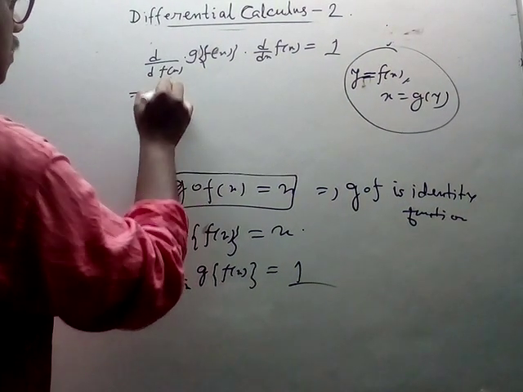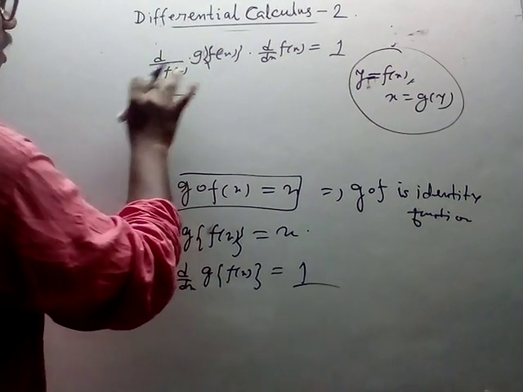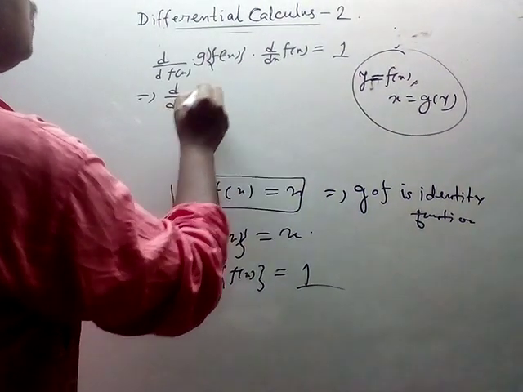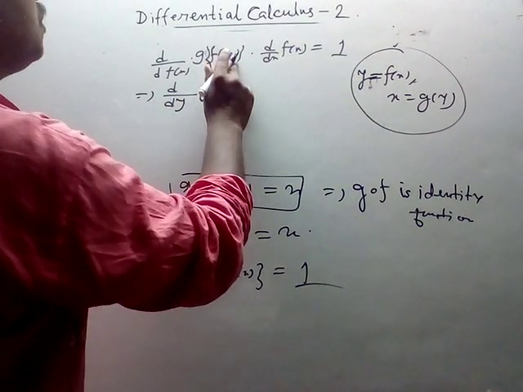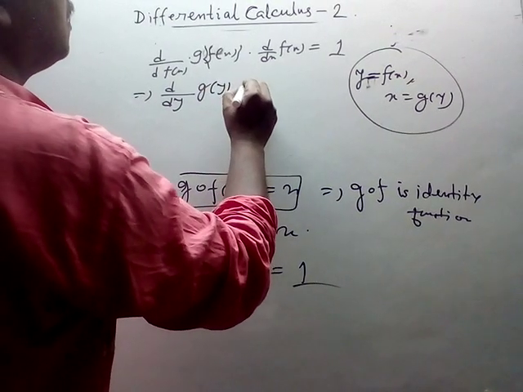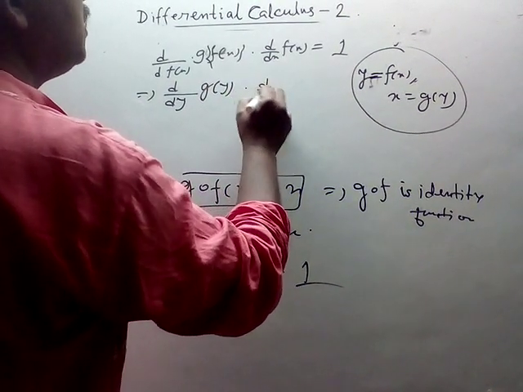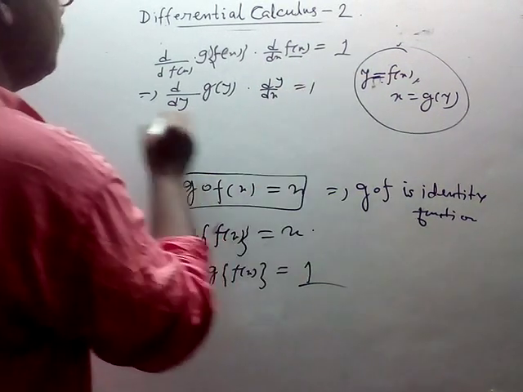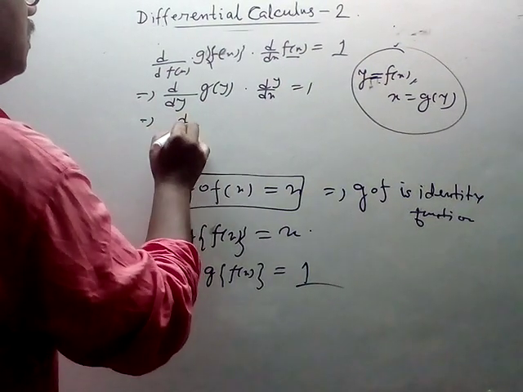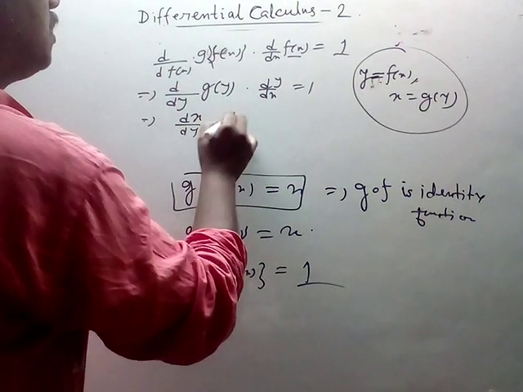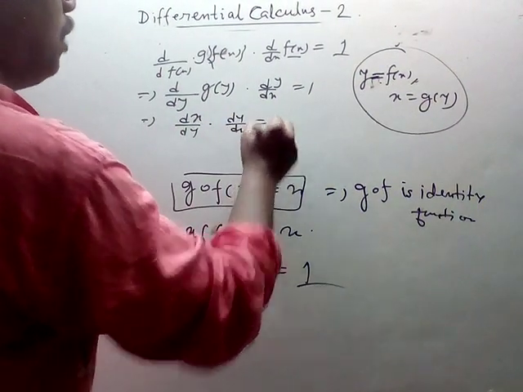So f(x) means y, g dash of f(x) means g dash of y, into d/dx of f(x), which means dy/dx, equals 1. g dash of y means dx/dy, into dy/dx equals 1.